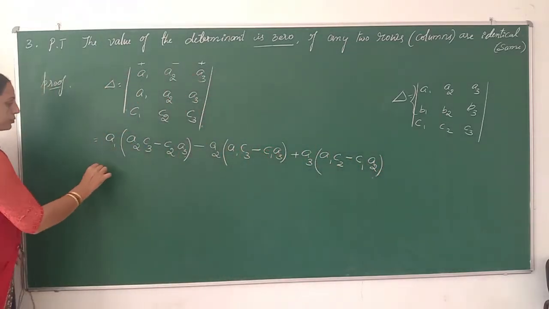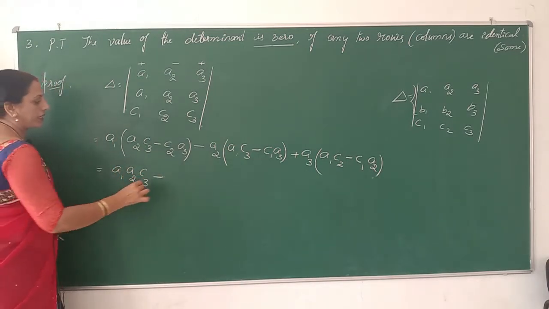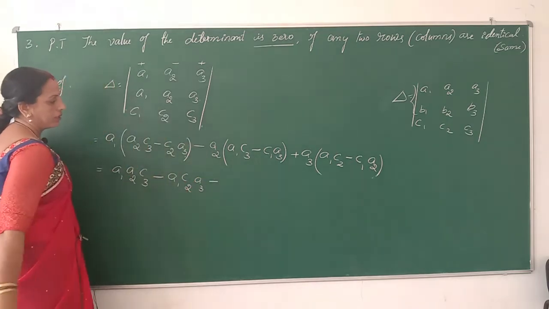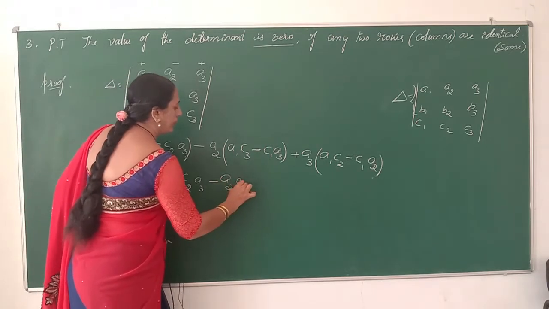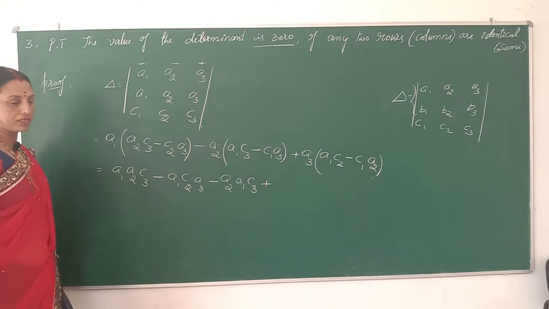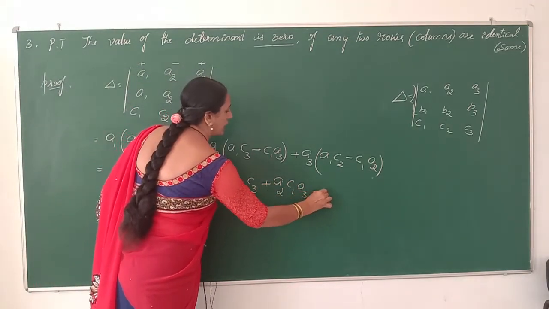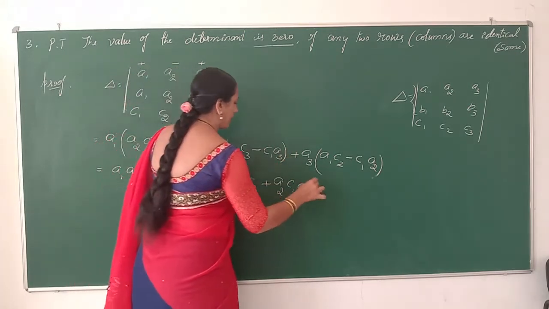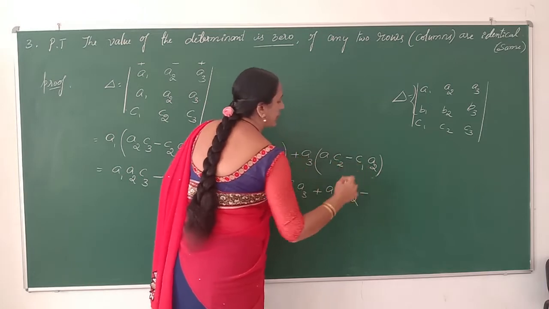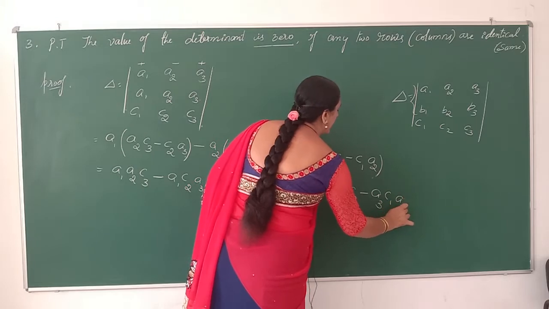Then these get distributed: a1 a2 c3 minus a1 c2 a3 minus a2 a1 c3, minus into minus is plus a2 c1 a3, plus a3 a1 c2, plus into minus is minus a3 c1 a2.